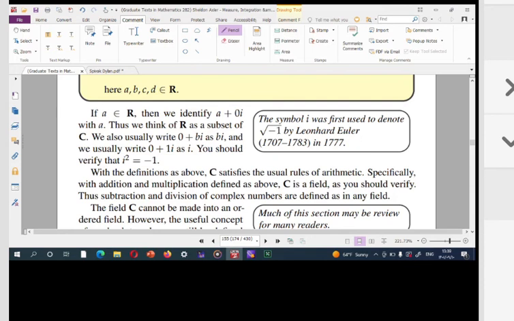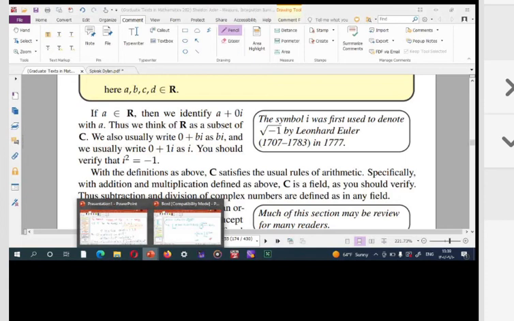i to the power of 2 equals minus 1, and this is very obvious because of our definition of multiplication, okay?